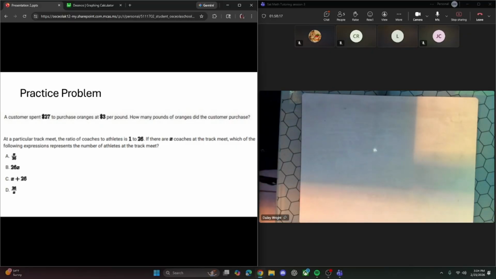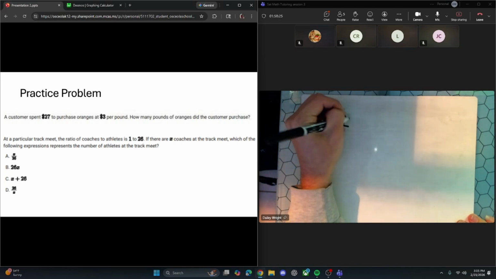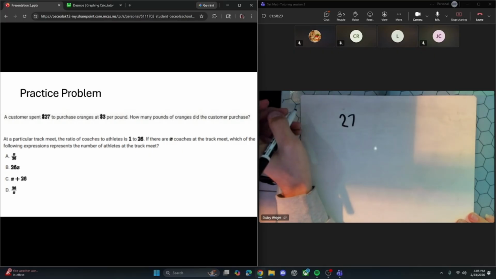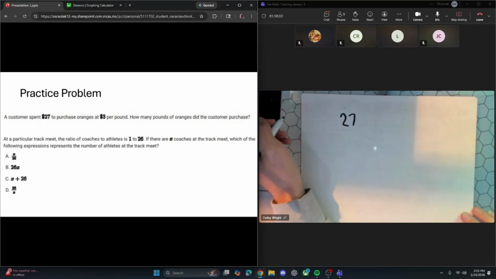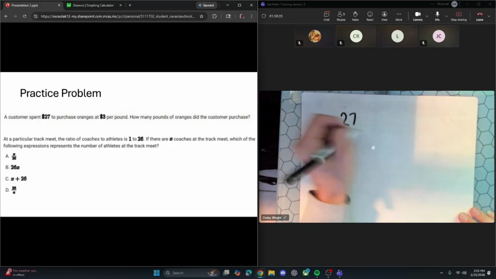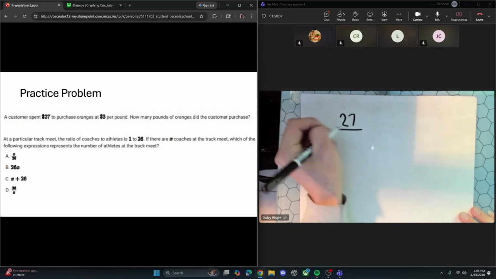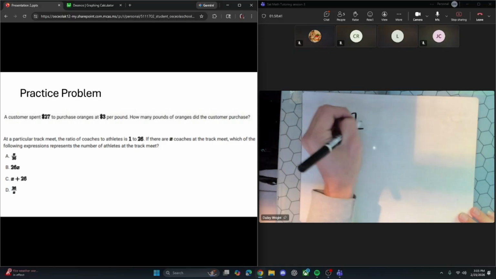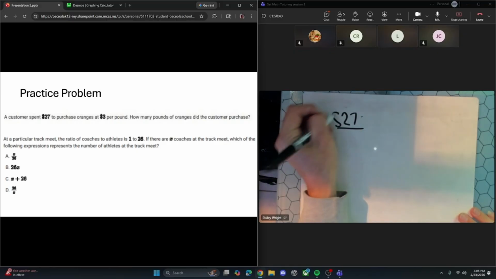A customer spent $27 to purchase oranges at $3 per pound. So $27 in oranges and $3 per pound.